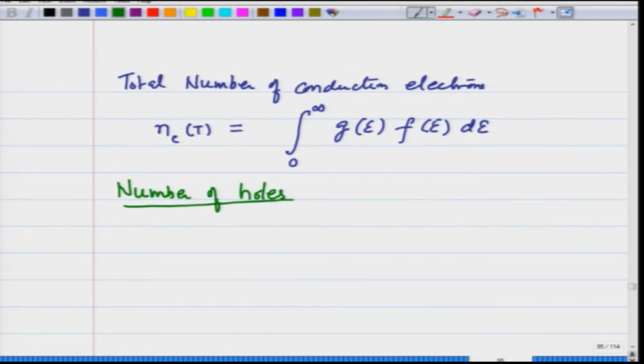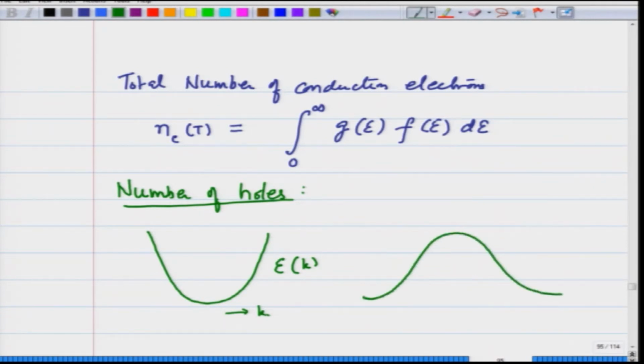Number of holes, now I am going to take the band for the hole as we obtained earlier, and I have an E(k) for the hole and there is a k. The band again could be like this or like this. In this case, the holes will be right from the top.